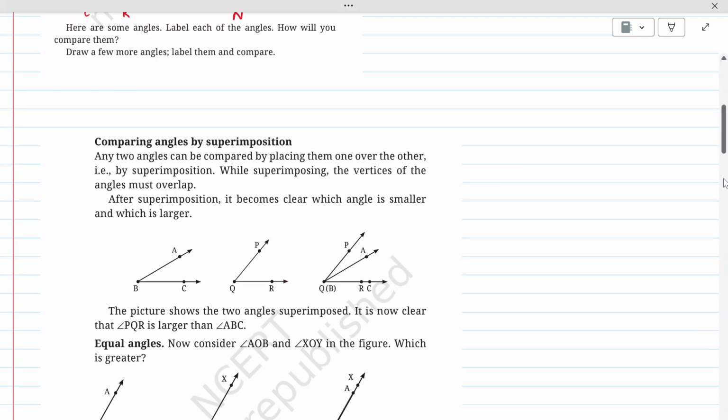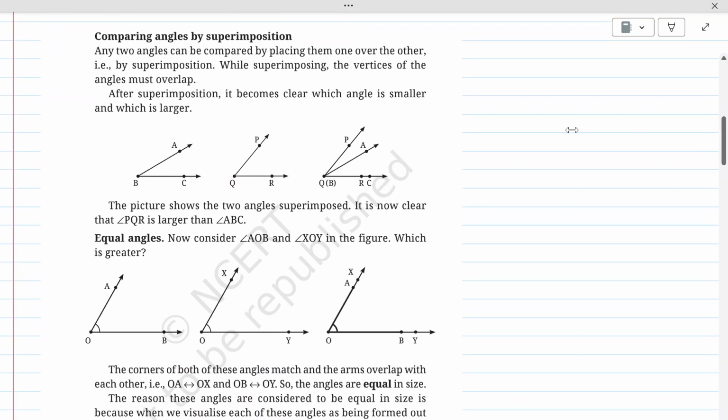Now suppose we have to compare these angles by superimposition. The first thing we have to do is put one angle over the other in such a way that B and Q are at the same point. They should coincide with each other.